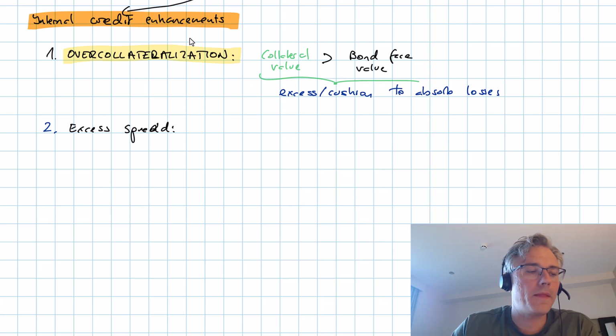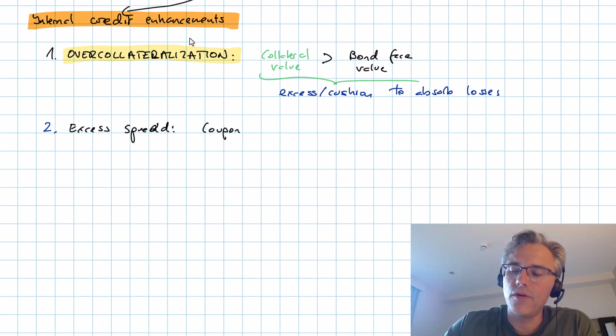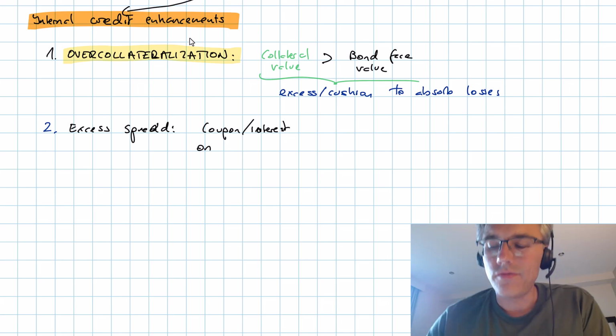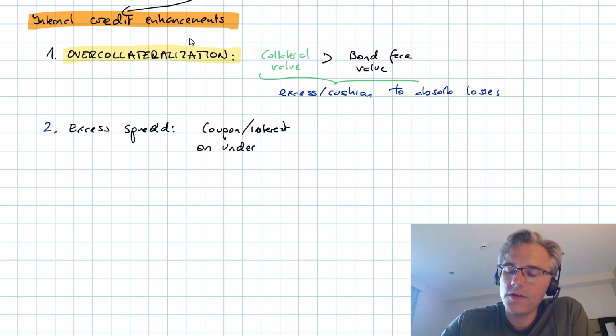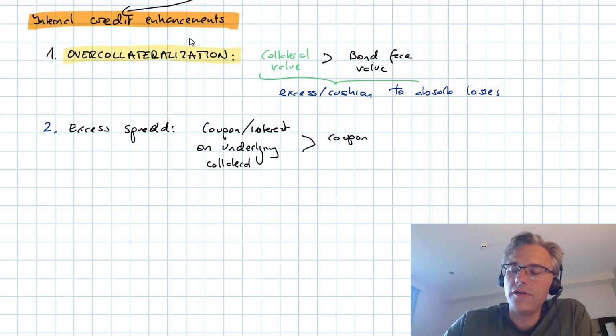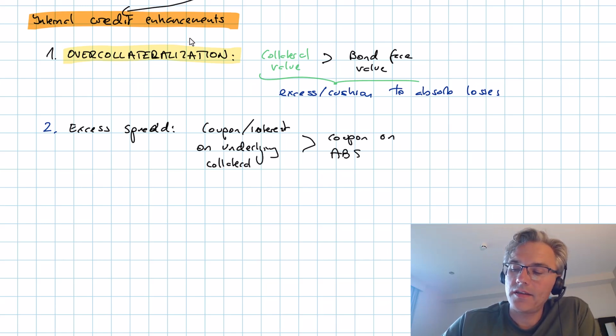Here it's all about the coupon, or the average interest on the underlying collateral, for example mortgage loans, being higher than the coupon offered on the asset-backed securities.